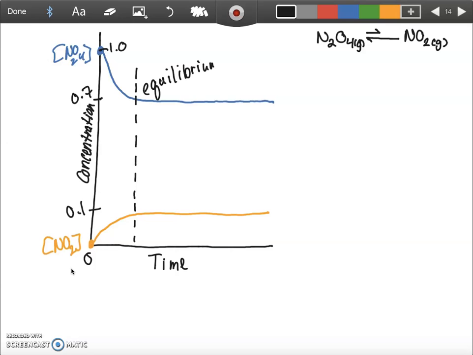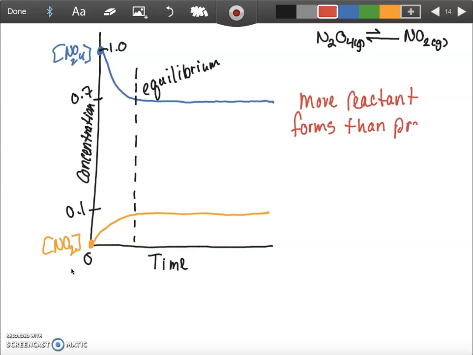Because remember, at the end of the day, equilibrium is reached when the rate of the forward reaction is equal and opposite to the rate of the reverse reaction. It's just in this case, we will end up with more reactant than product, since the reverse reaction is favored.